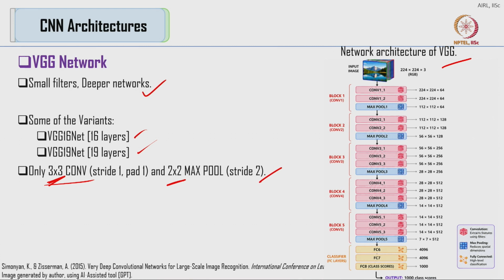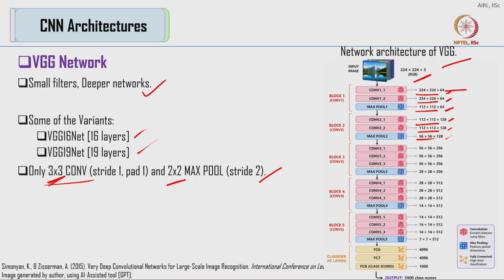Similar to what we did in AlexNet, the input image is passed through different convolutional layers. The output of the convolutional layers is represented on the right, and we can use the same formula to write the output size of these feature maps, right.